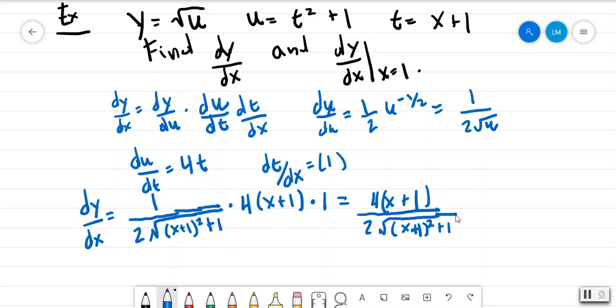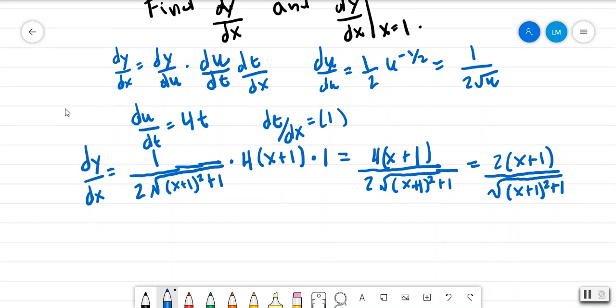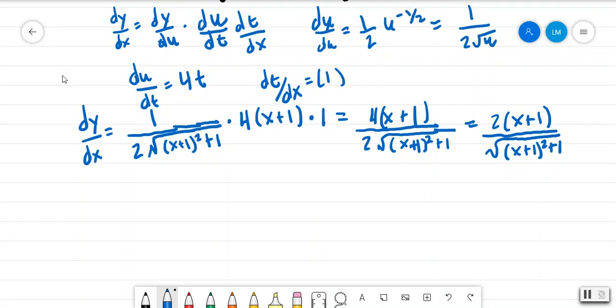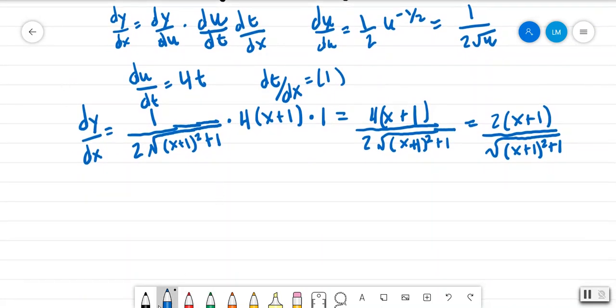Now note that the 2 cancels out, so that's going to be 2 times (x plus 1), all divided by the square root of (x plus 1) squared plus 1. Now I might agree that it looks a little complicated, but let's just look at it like this.